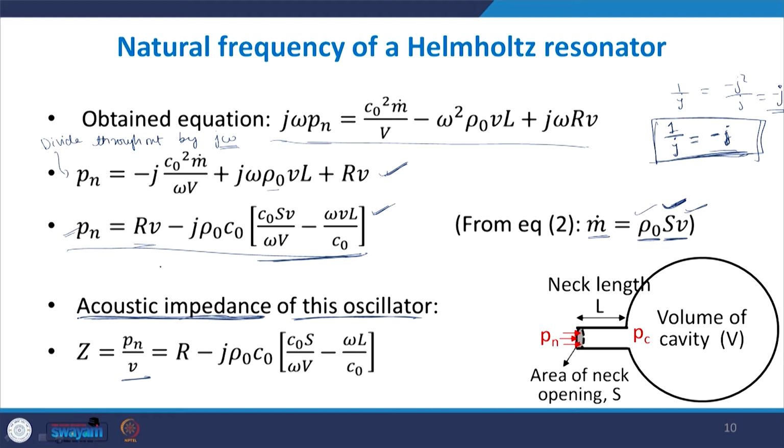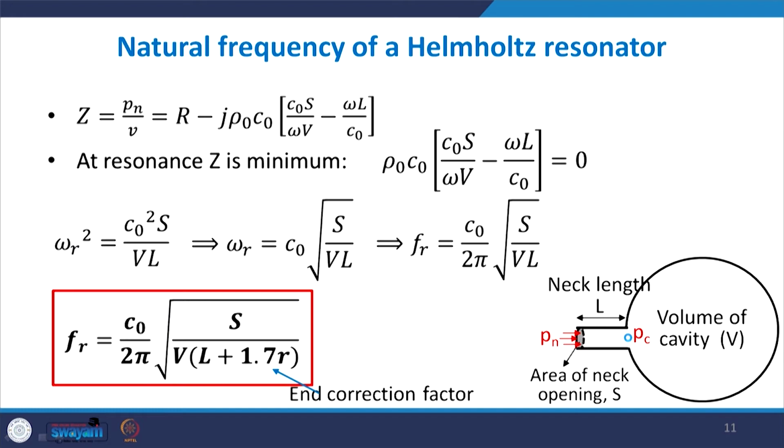So, if you divide this expression by V, this is what we are left with. This is the net acoustic impedance of this cavity, or of this particular oscillator, or simply you can say the net acoustic impedance of the neck. So, this is the expression for the acoustic impedance.